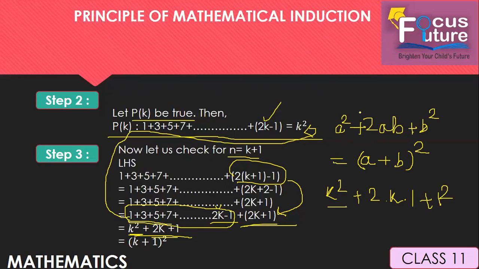So here a is your k and b is your 1. So it would be formed as k plus 1 whole square. I hope you have learned this identity in your previous classes and it is clear to you. So you would get k plus 1 whole square as the solution for Pk plus 1.